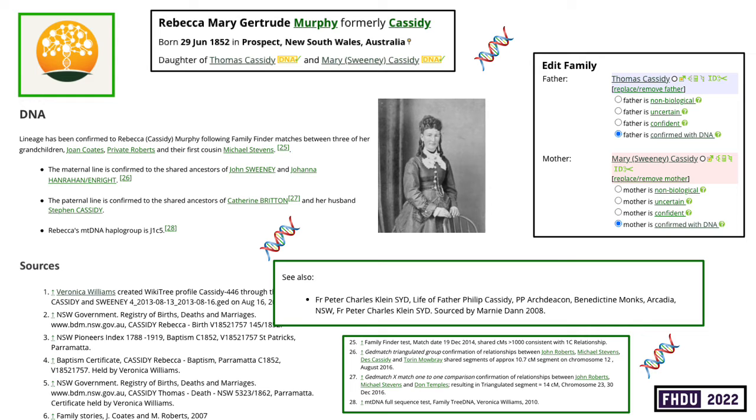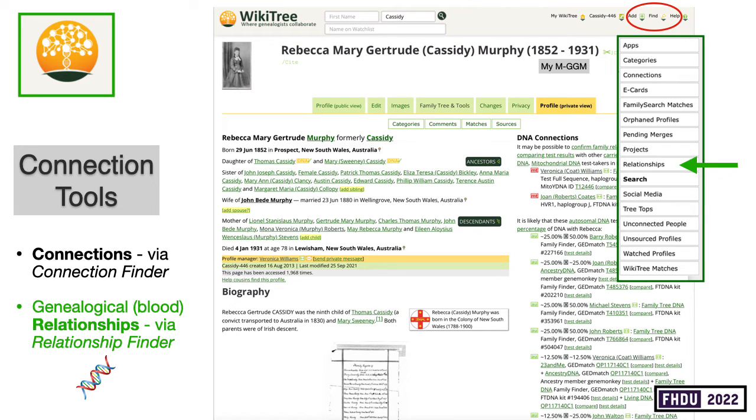So we talked about Daniel O'Connell before, who was a non-blood connection, so 10 degrees of separation for various relatives. But the other connection tool we do have is the relationship finder, which will find blood connections.